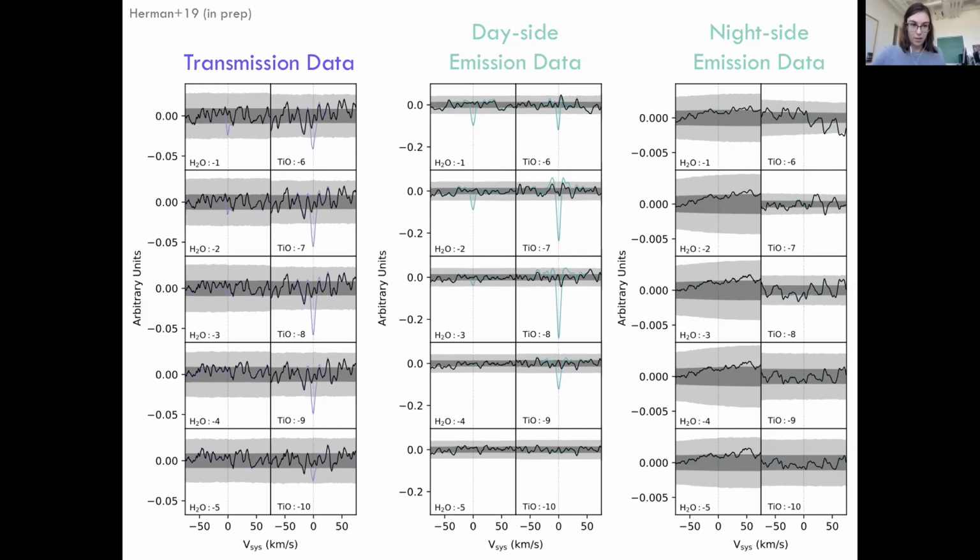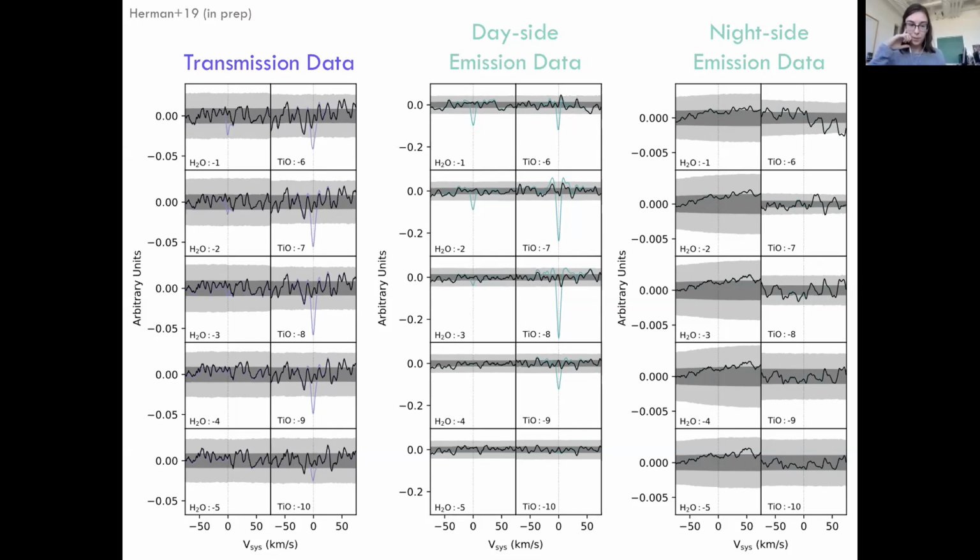So in some way, I guess what I'm saying is the TiO abundance is not the only quantity that defines how strong the TiO signal is compared to the star. It's more that the overall line contrast that you're injecting is maybe the criterion to evaluate what sensitivity you have.